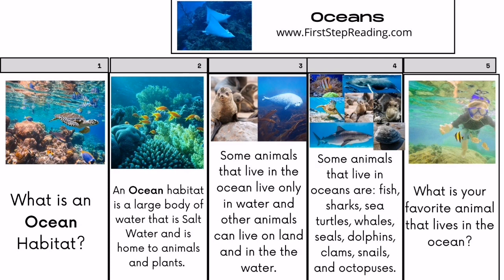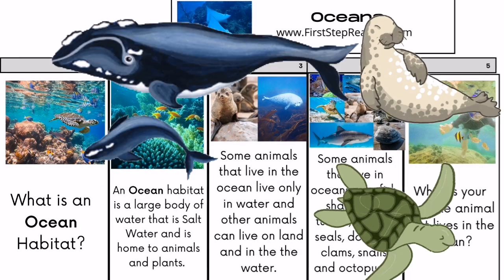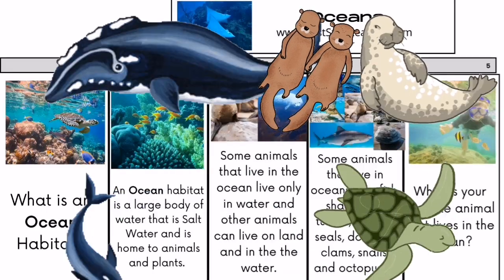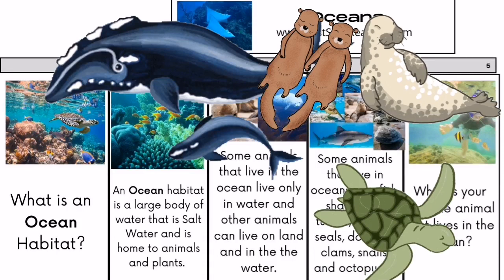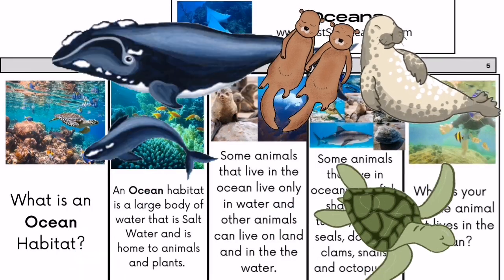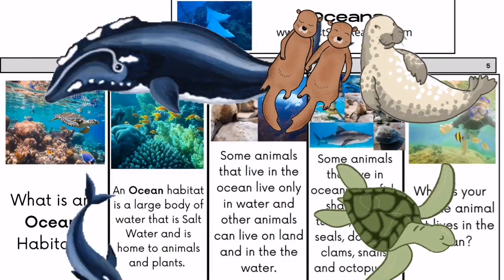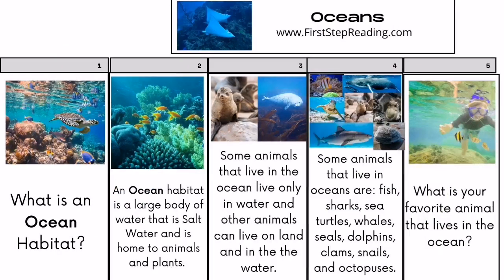So some of the animals, like fish, have to stay in the water. And other animals, like seals, live mostly in the water, but they come out and they go back in, right? Because they breathe with their lungs, and they need air to breathe, so they go out and in.